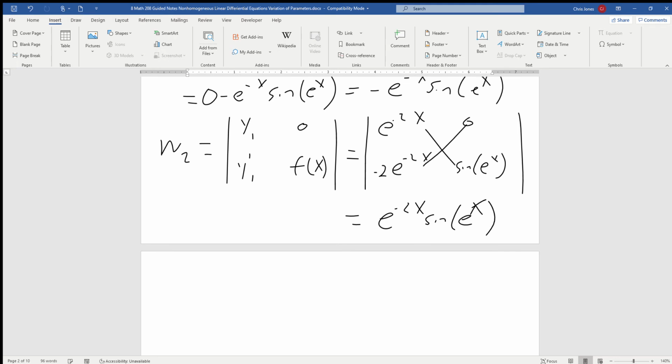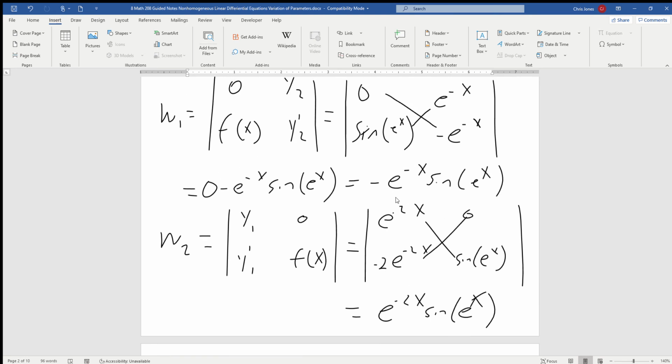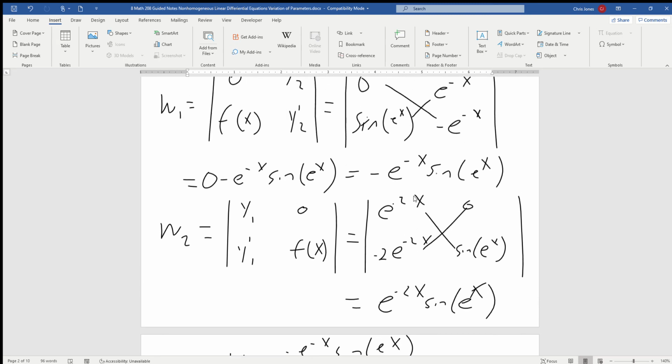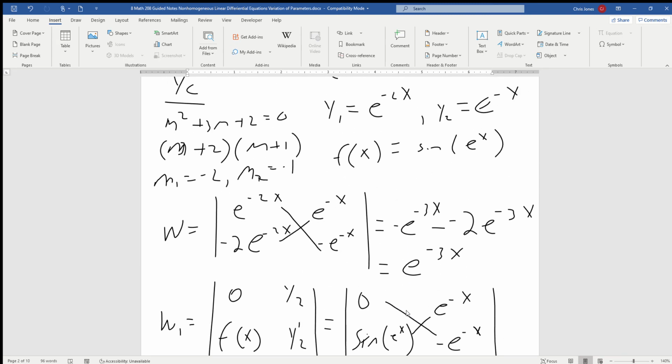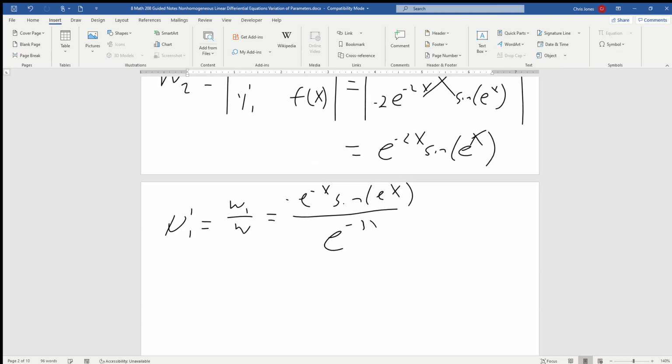Now we're going to find u prime 1, which is equal to W1 over W. Remember, W1 was negative e to the minus x sine e to the x, and W was e to the minus 3x.